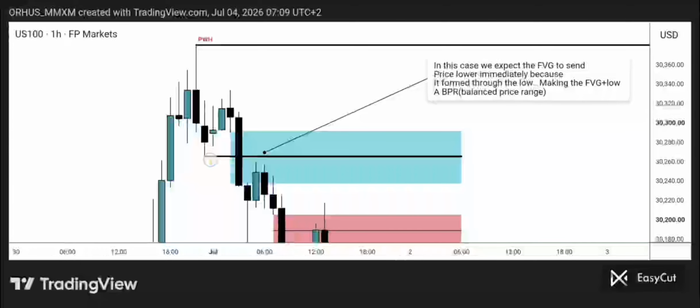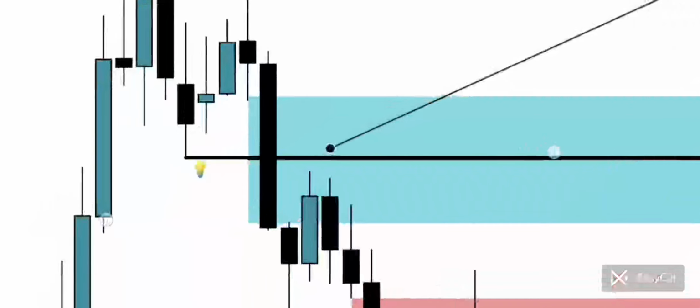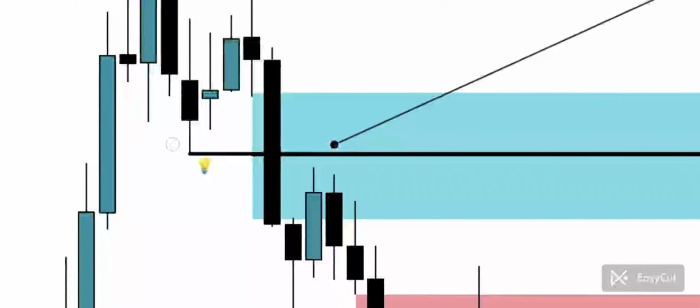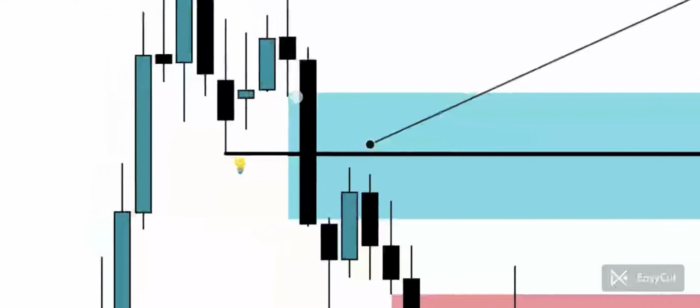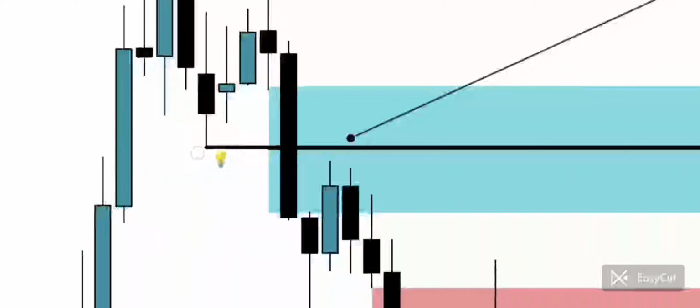If you look, let me zoom in, this low got displaced through, not stopping. We saw this big candle through this low, and we saw a fair value gap form through this low.